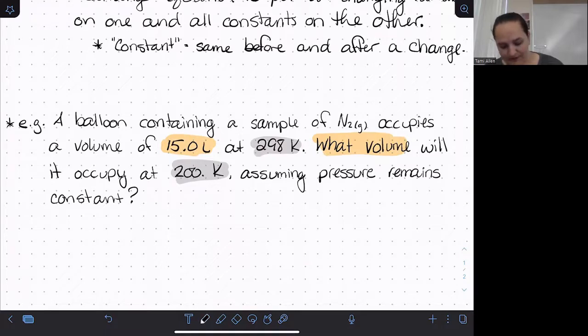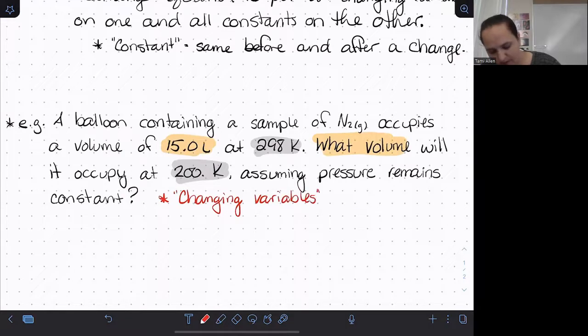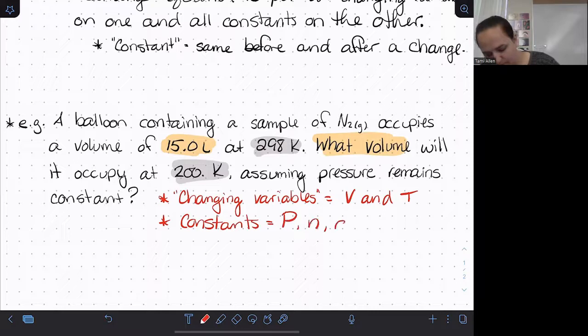So our changing variables in this situation are the volume and the temperature. The things that are remaining constant are the pressure, the number of moles, and R, because R is always constant.